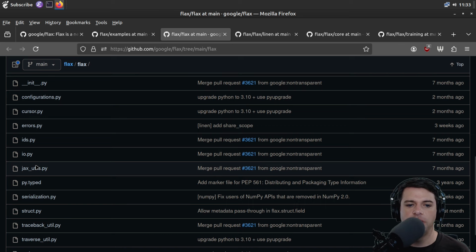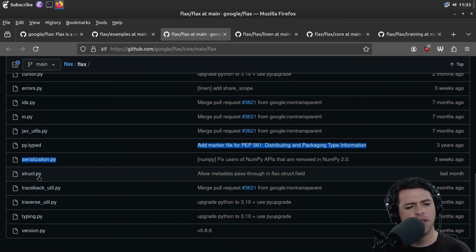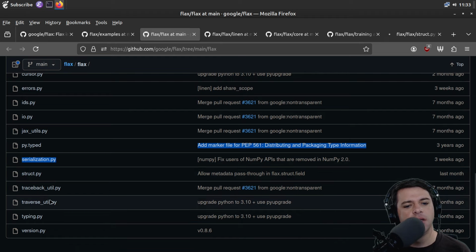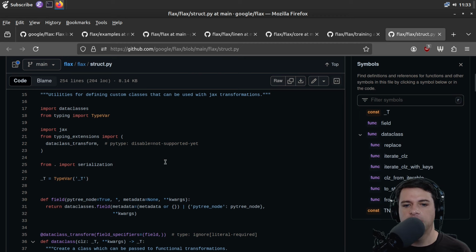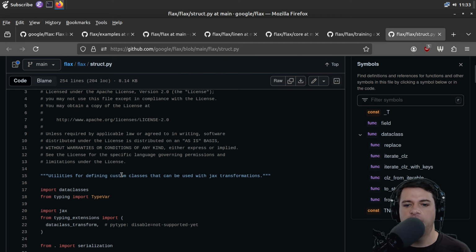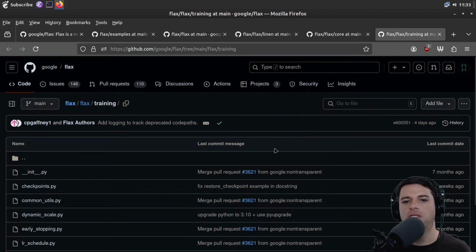IDs, IO, JAX utils, typing information, serialization, struct.py, reverse util, typing inversion. What is struct? Utilities for defining custom classes that can be used with JAX transformations. Okay. The things in the main folder seem like utilities.